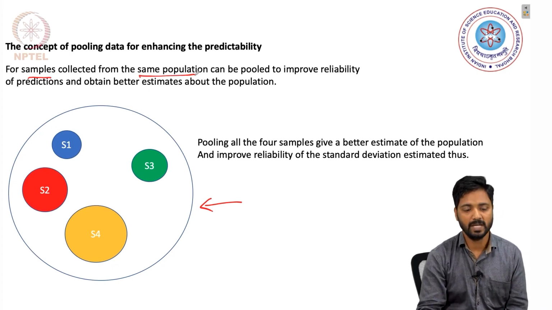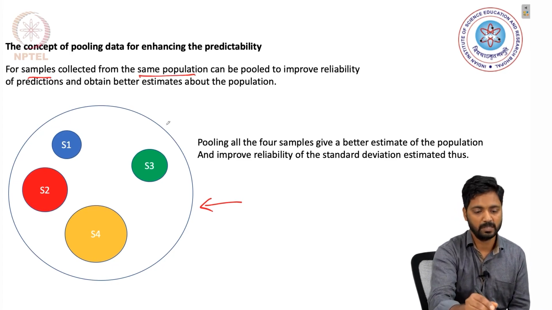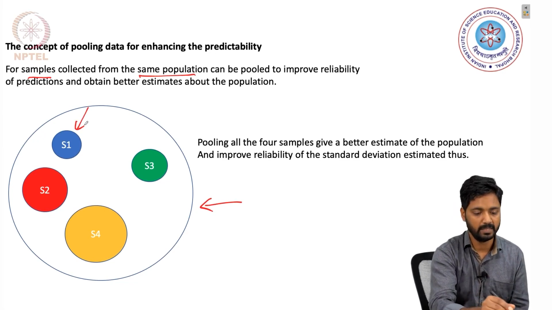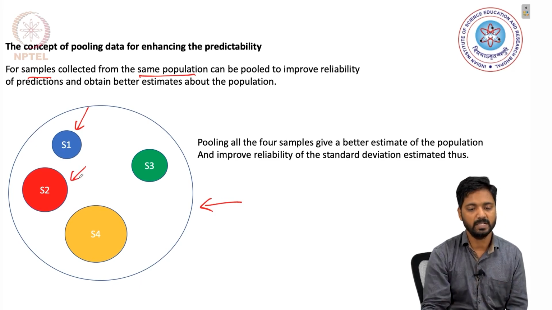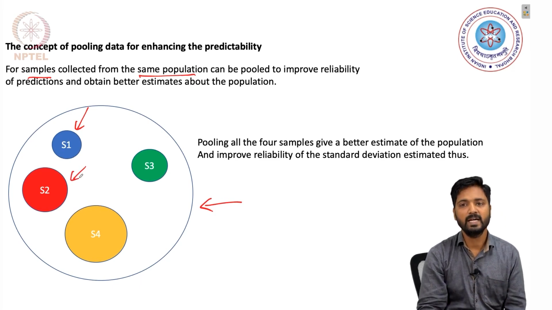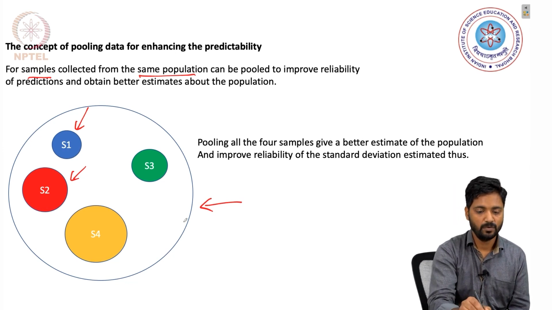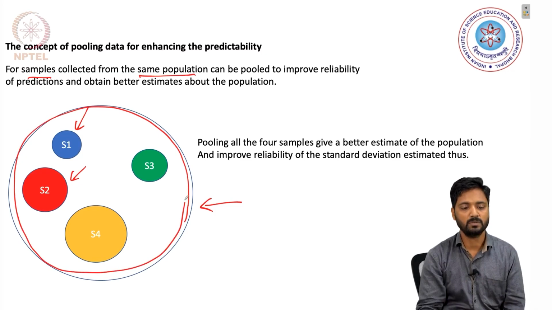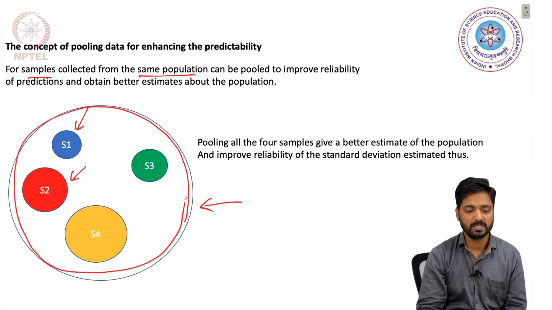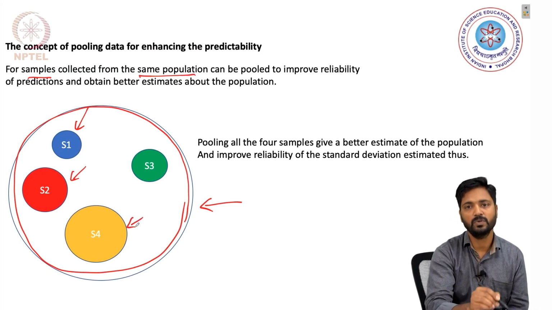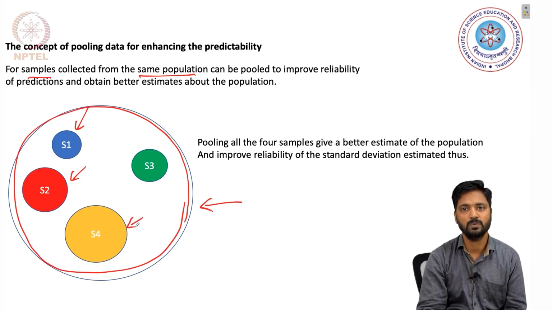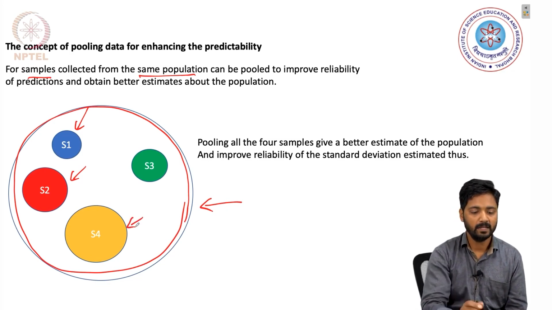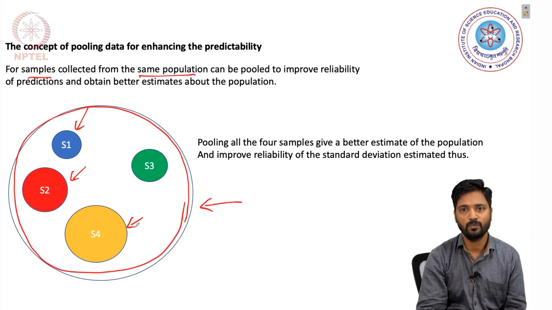These samples, denoted by different colors here, for example S1 denoted by blue and S2 denoted by red, and so on, have been collected from this same population, which is the blue circle outside, and the different sizes of S1, S2, S3 and S4 denote that they contain different numbers of data sets or different readings.